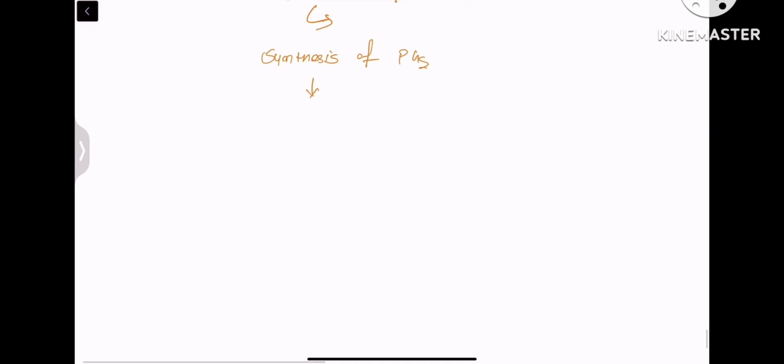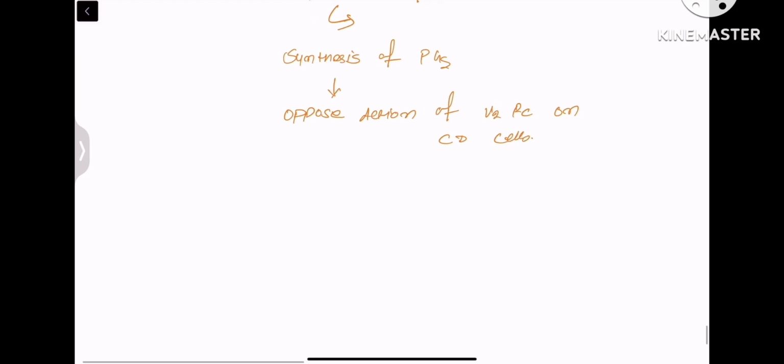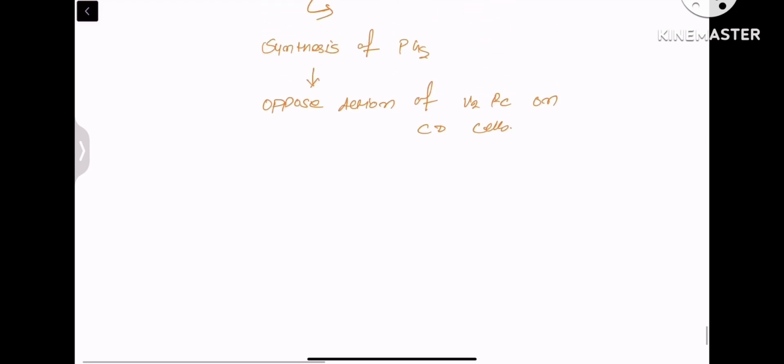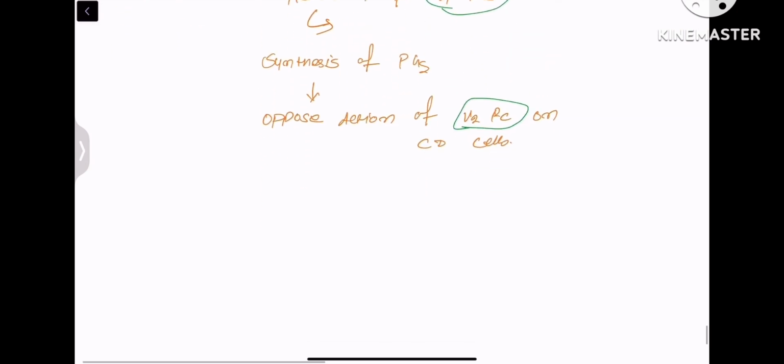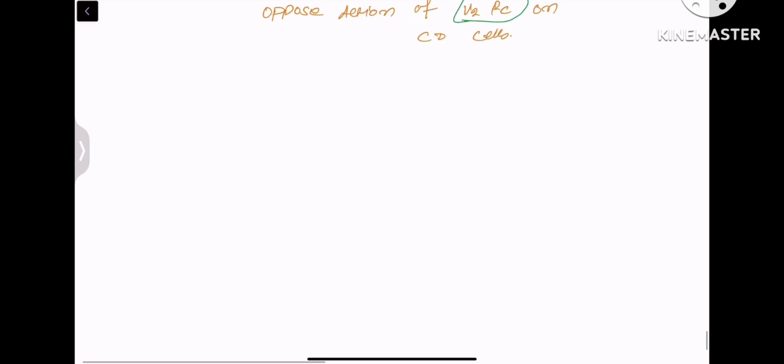This increased prostaglandin will oppose the action of the V2 receptor on the collecting duct cell. So now we'll understand how this opposing of the V2 receptor and the activation of the V1 receptor help in concentrating the urine.